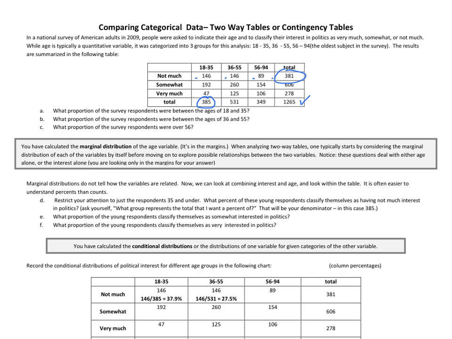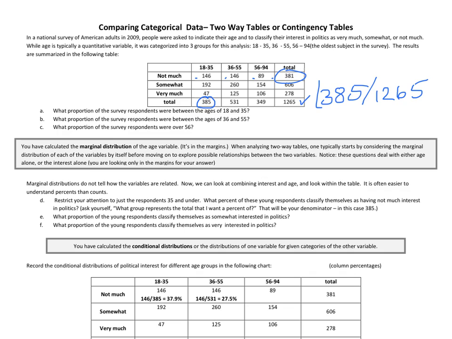So let's start to look at some questions. Question A says, what proportion of the survey respondents were between the ages of 18 and 35? Well, between 18 and 35, we already said, was 385. And if we want to do it as a proportion, we would write that over the total number, which is 1265.